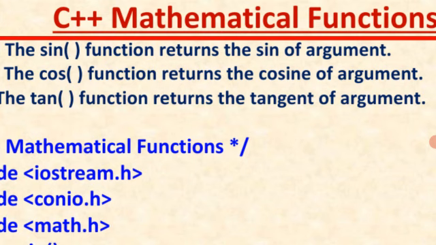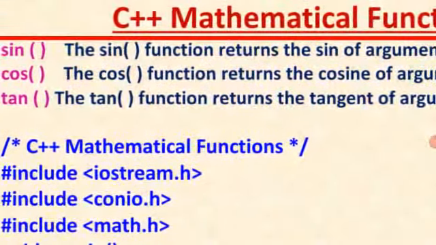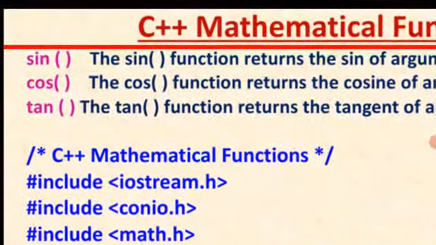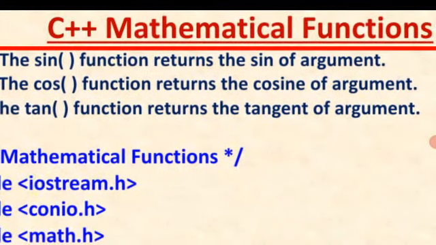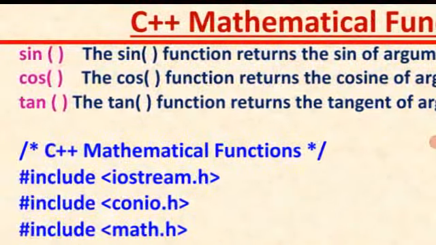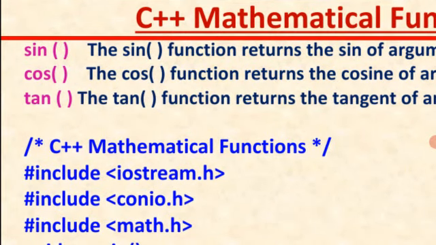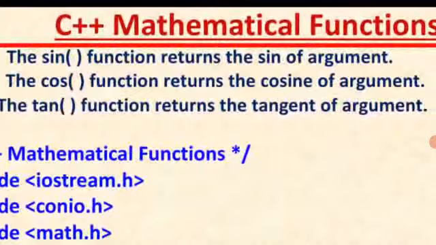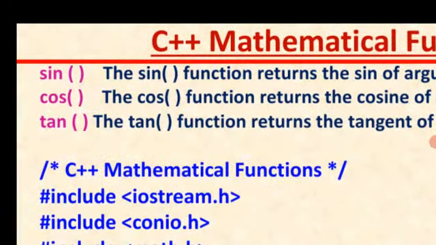For example, the first function is the sine function. The sine function returns the sine of the argument. It takes the value in terms of radians. The second function is the cos function. The cos function returns the cosine of the argument. Again, it takes the value in terms of radians only.